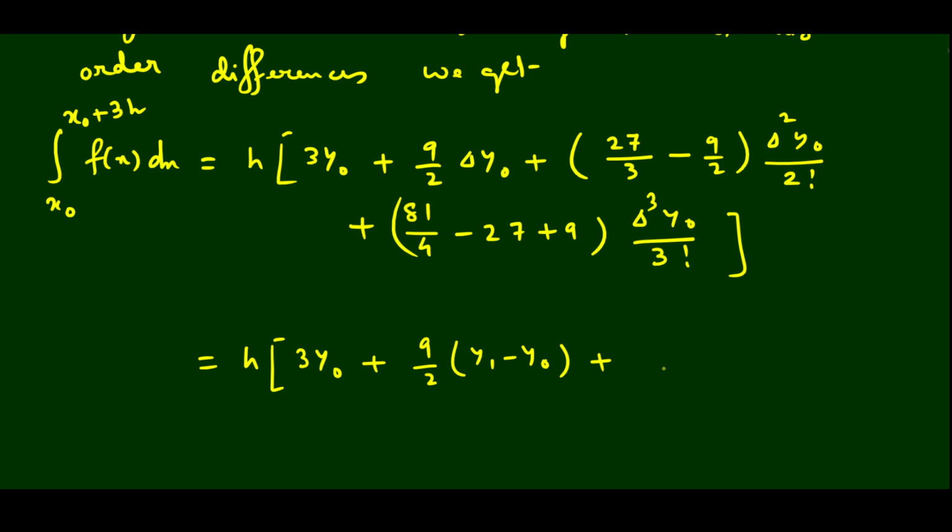Then if we take the LCM of 27 by 3 minus 9 by 2, we get 18 minus 9 by 2, which after calculation is 9 by 2.